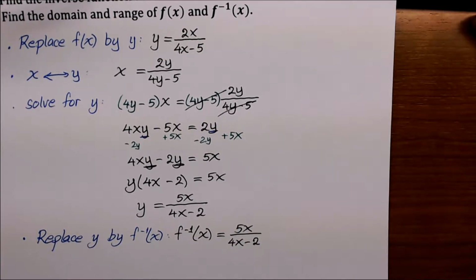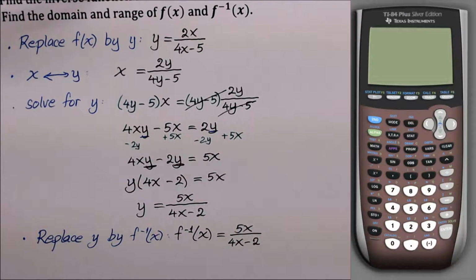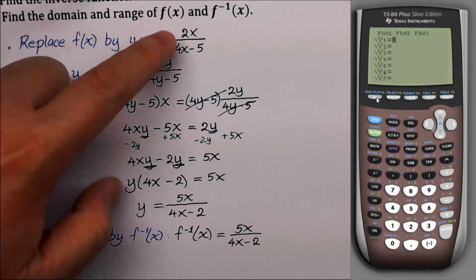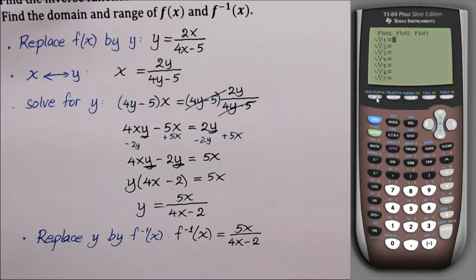Then we will solve for y. And to do this, first we get rid of the denominator by multiplying both sides by 4y minus 5.